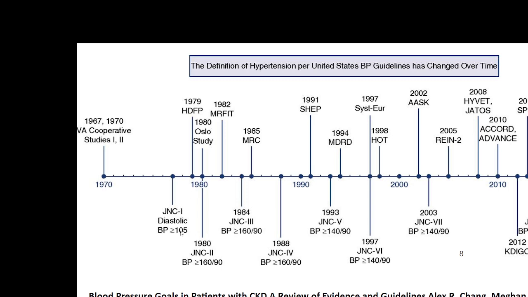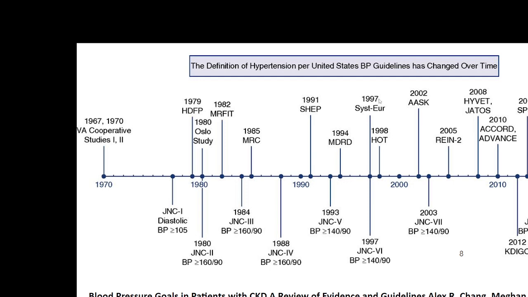In the early 1980s, the standard normal blood pressure was considered as 160 by 90. So anything above this was considered hypertension, and below 160 by 90 was considered a normal pressure. But later on, there was continuous review, and the reviews were done at different time intervals.